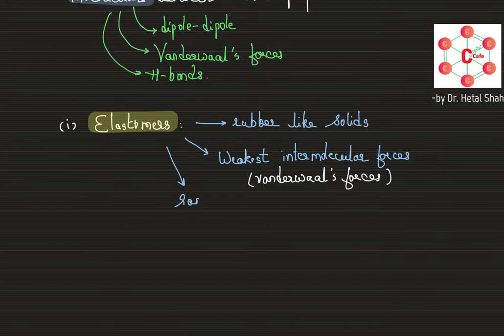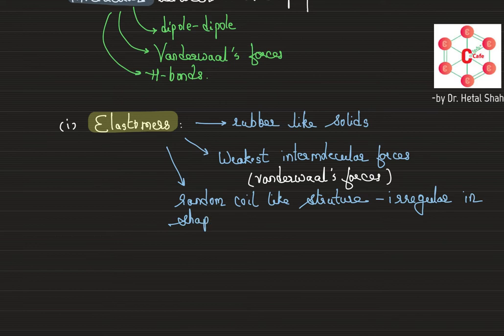They have a random coil-like structure, which is irregular in shape. This is what we talk about with the polymeric chains. When I say random coil-like structure, it is like the random coil-like structure we have with polymeric chains, and they have irregular shape, right?